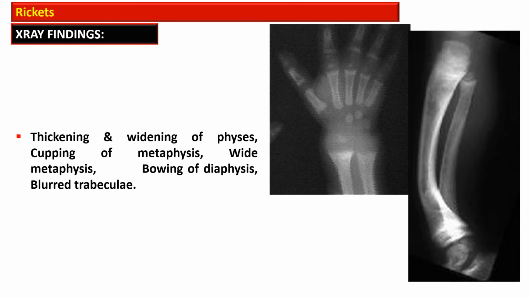Thickening and widening of the physis, that is the growth plate, cupping of the metaphysis, wide metaphysis, bowing of diaphysis, and blurring of the trabeculae are the characteristic radiological findings of rickets.